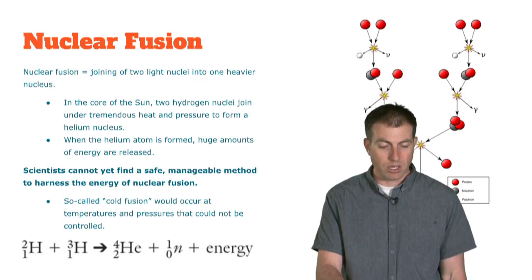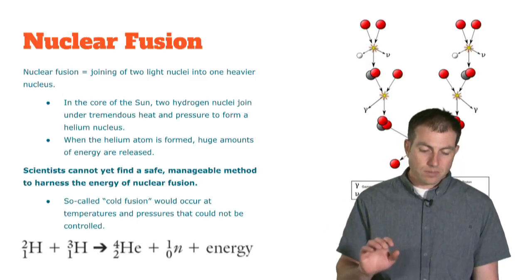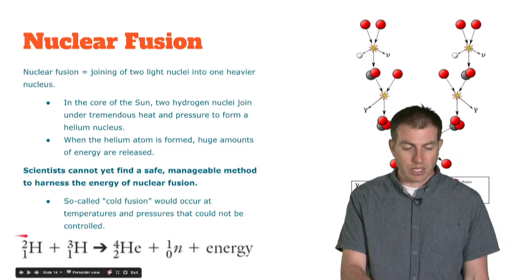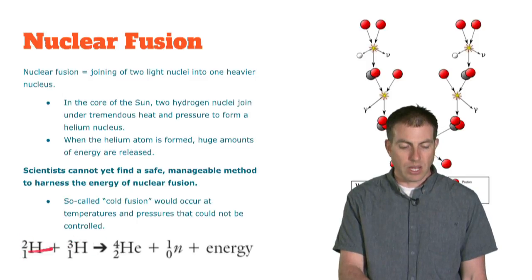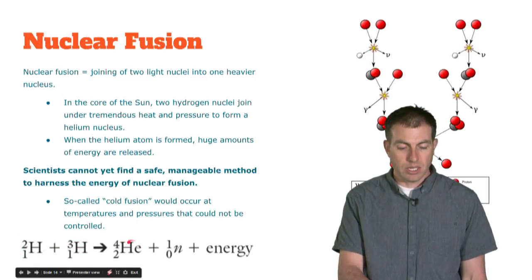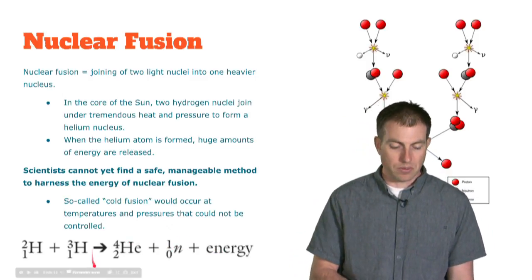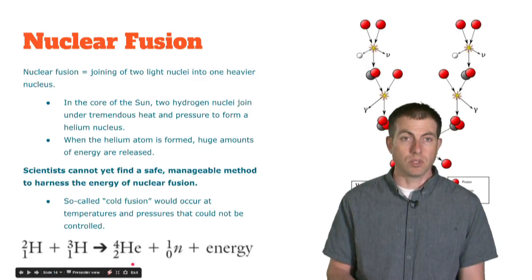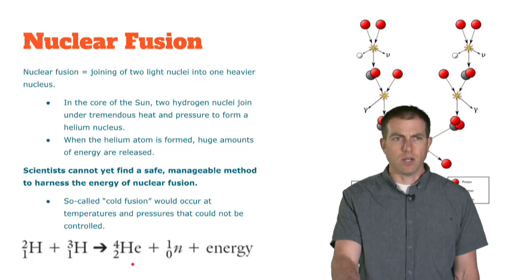We're working really hard on it, but we're not quite there, unfortunately. So you can see the reaction down here. We have hydrogen plus hydrogen, so 2 different isotopes of hydrogen, react to produce helium, a neutron, and a bunch of energy. So the byproducts of a fusion reaction are helium, which is really good because helium's not bad for the environment. We're not quite there yet, though.